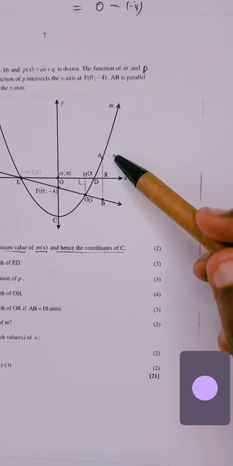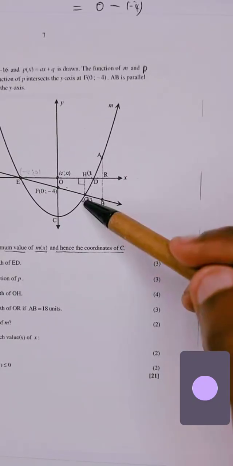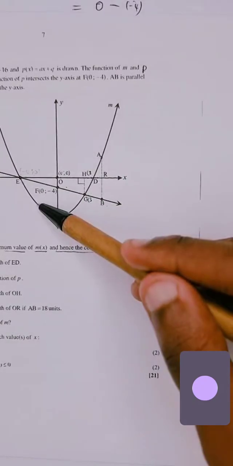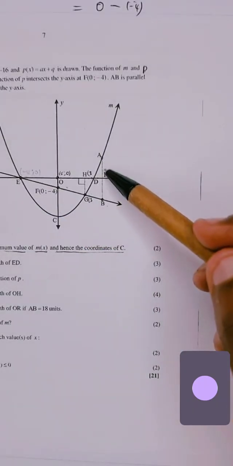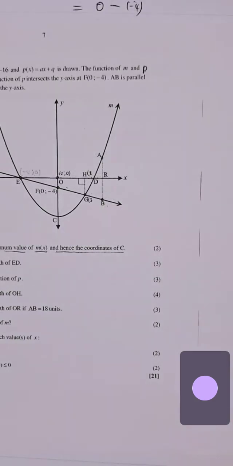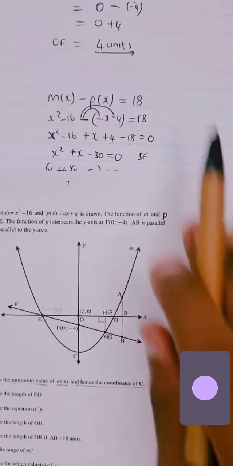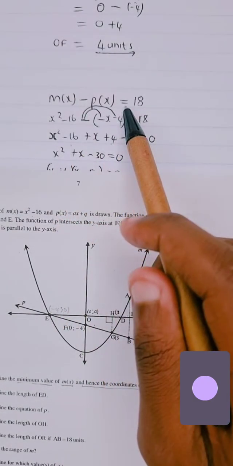Remember, m of x means y. So m of x at the top minus p of x at the bottom gives you the length of the distance AB, which is 18. Setting up this equation in this way was brilliant: m of x minus p of x is equal to 18.